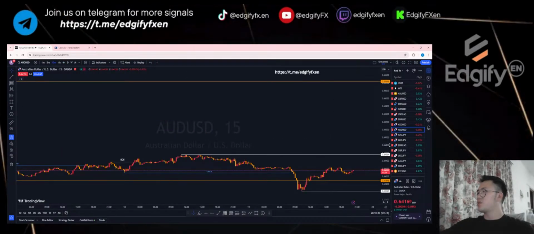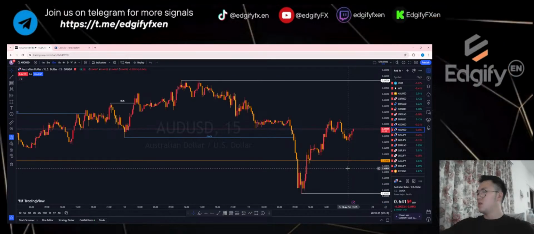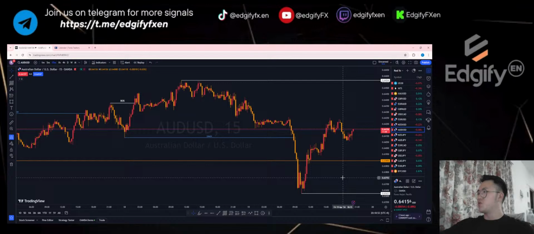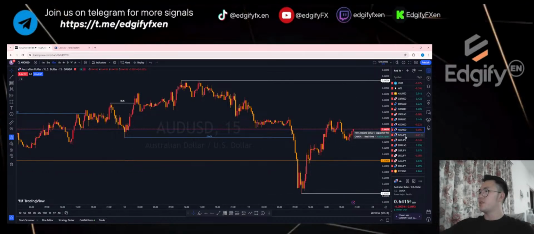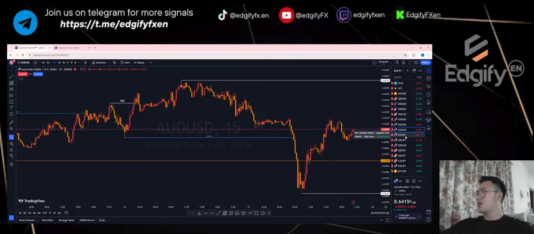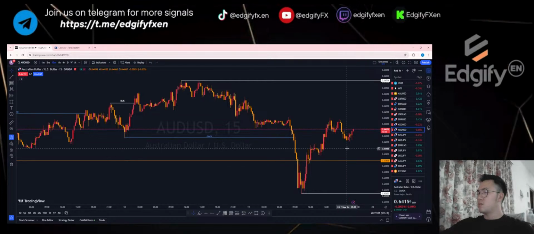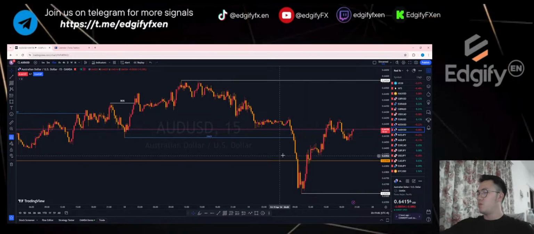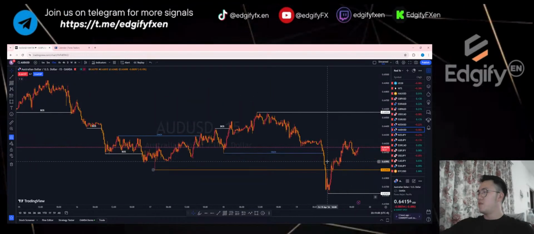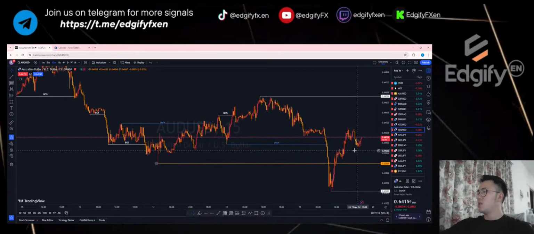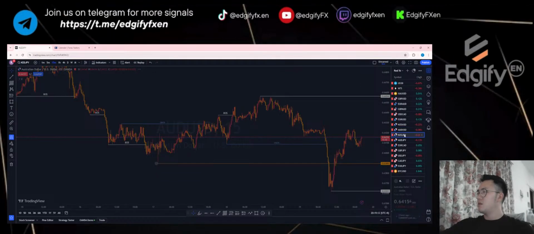Because the bigger time frame usually works better than using the 15. Hour 4 is a bigger time frame, so the price, no matter what it is, will respect the hour 4 zones and everything. So I know my direction on hour 4, and I'm using the 15 to see if there's any possible entry. But at the moment, I don't see any.